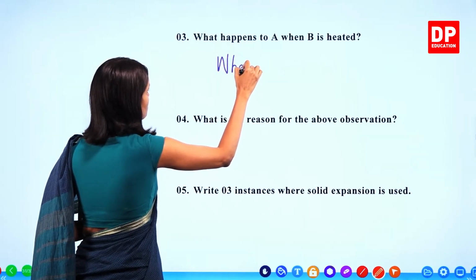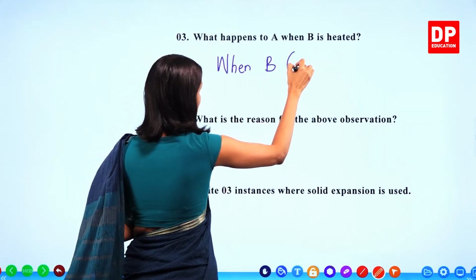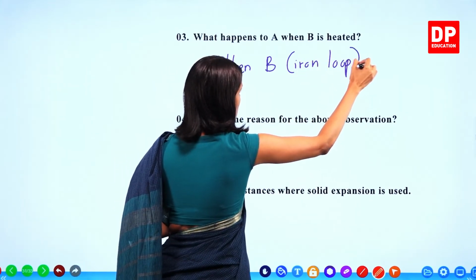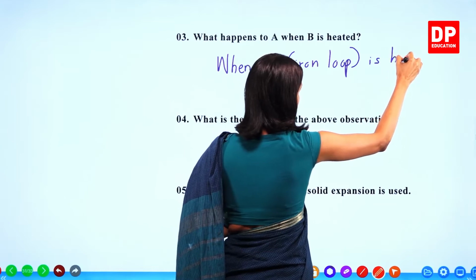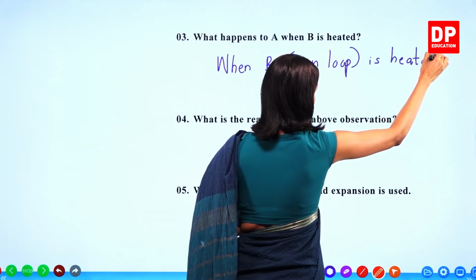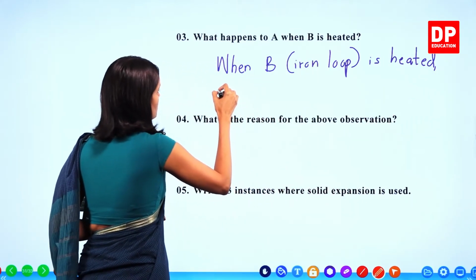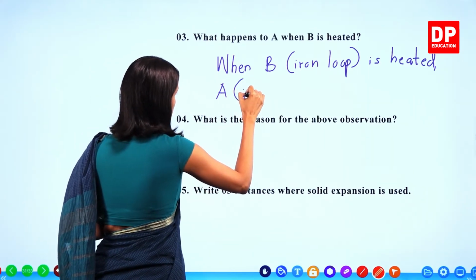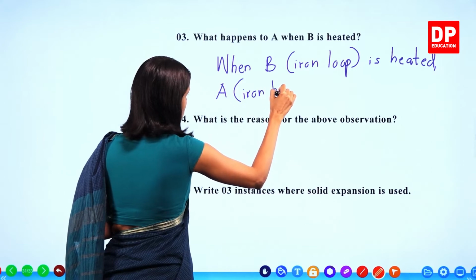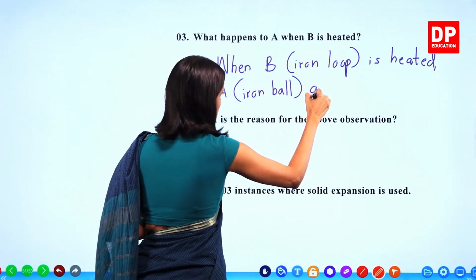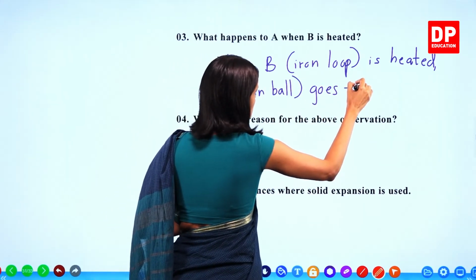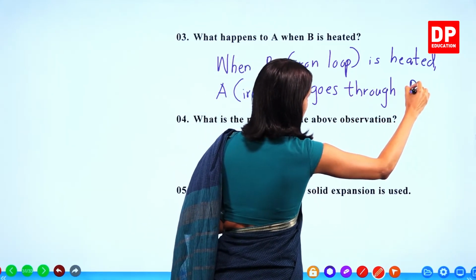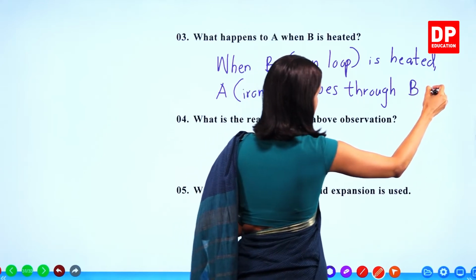When B, the iron loop, is heated, A, the iron ball, goes through B easily.